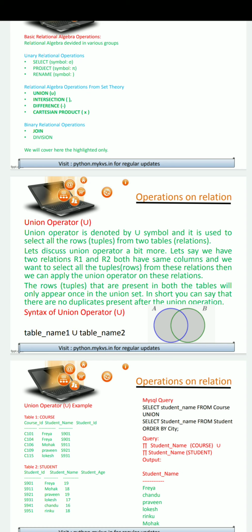So Anil, Vimal and Tarun. Vimal is twice, but when we are considering the name, in that case it will not be repeated.